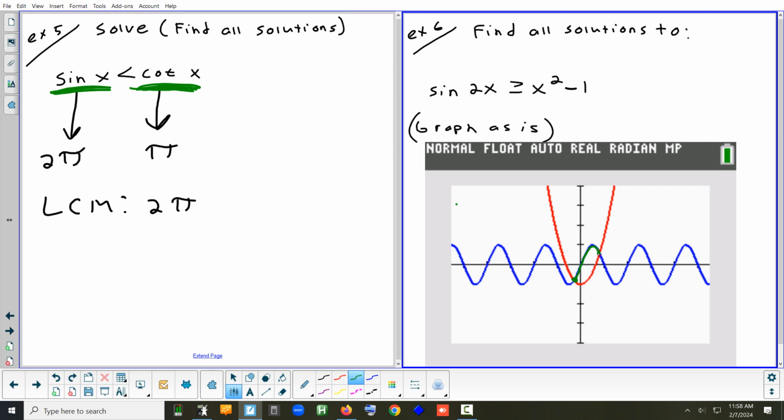No, it's not going to repeat every cycle because there's only that singular instance where the parabola is intersecting. Right, the parabola is not periodic. You're not going to get another parabola over here. You only get one parabola. So the only answer to that problem is exactly what you see on the screen. Don't put plus 2 pi in.